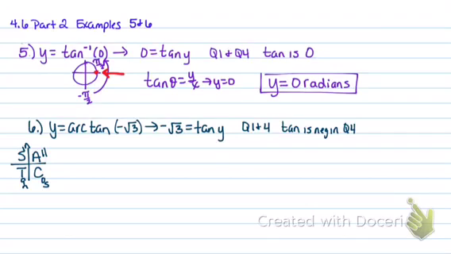All right, so when we look at tangent, remember tangent is y over x. So we may have to do a little work to figure out which one of these is going to give us a square root of 3 or negative square root of 3.